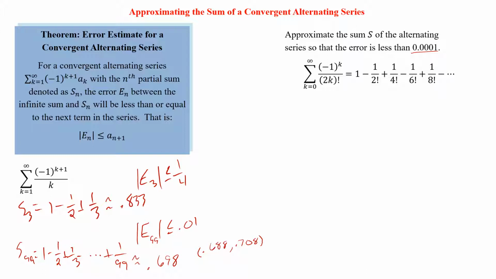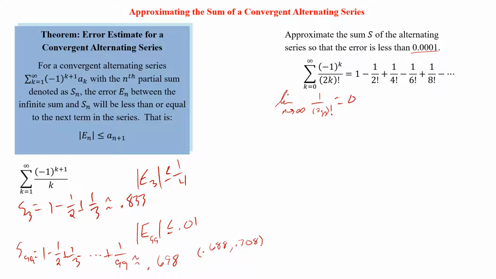So the first thing we would need to do is make sure it satisfies the criterion that we saw. So we need the limit as n goes to infinity of the term, which is 1 over 2n factorial, to equal 0, which, as we're going to infinity, 1 over 2 times infinity factorial is going to be 1 over an absolutely huge number, which takes us to 0.